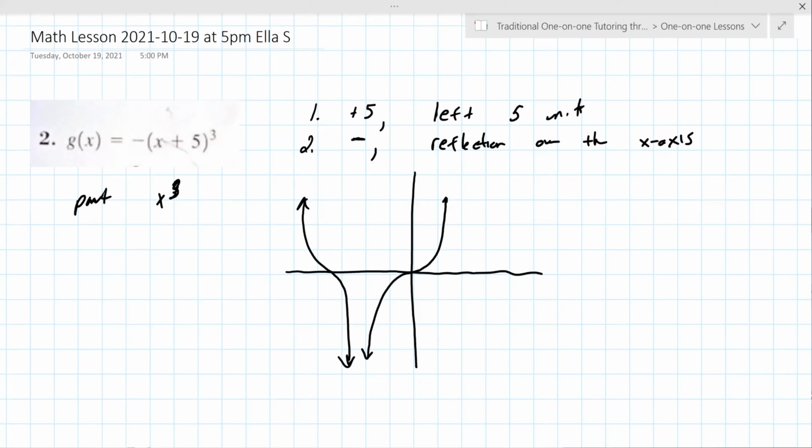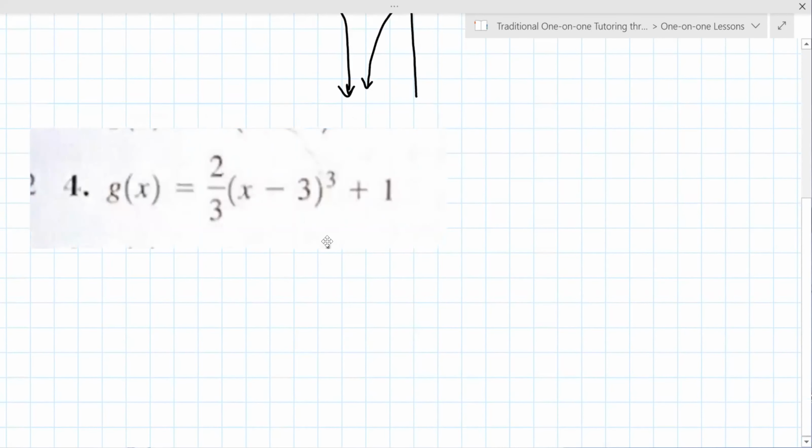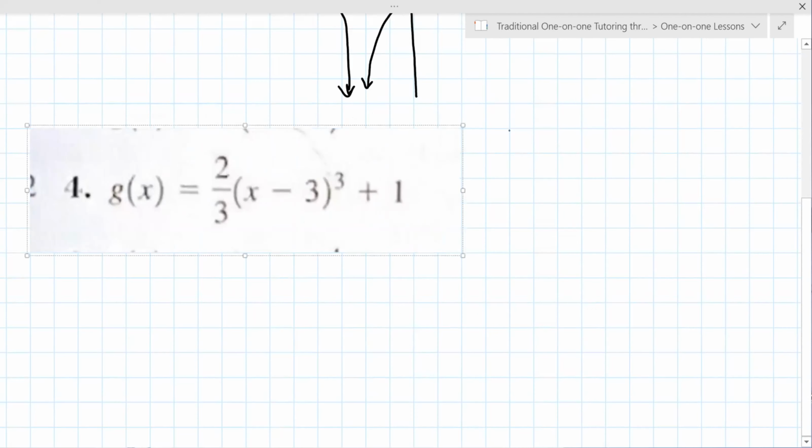All right, number 4 is the next one I see. This one has more going on. There are 1, 2, 3 transformations. The first one is the -3, so that's right 3.